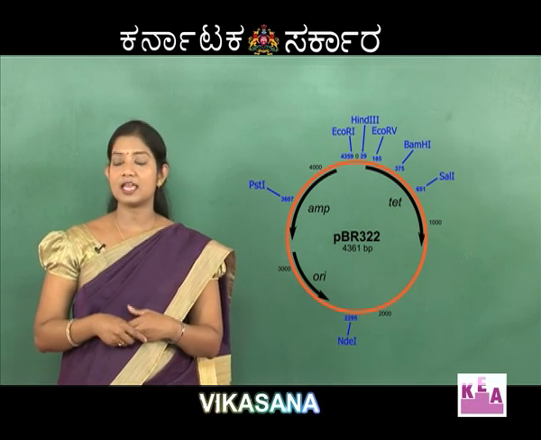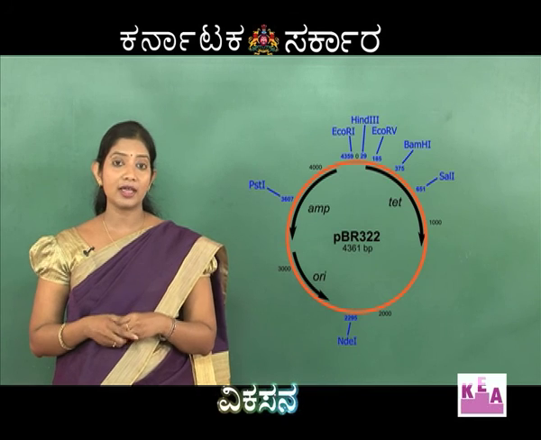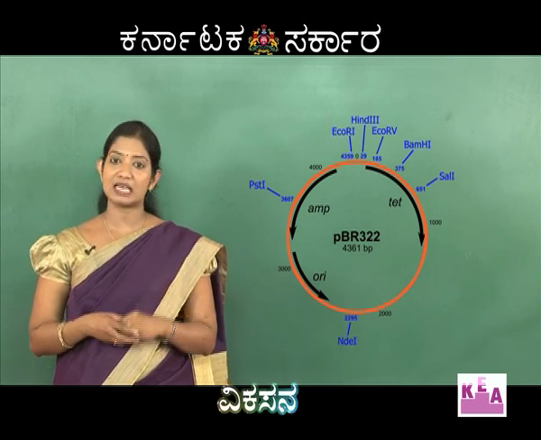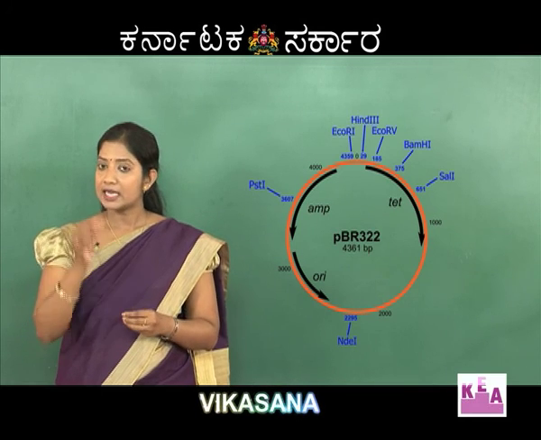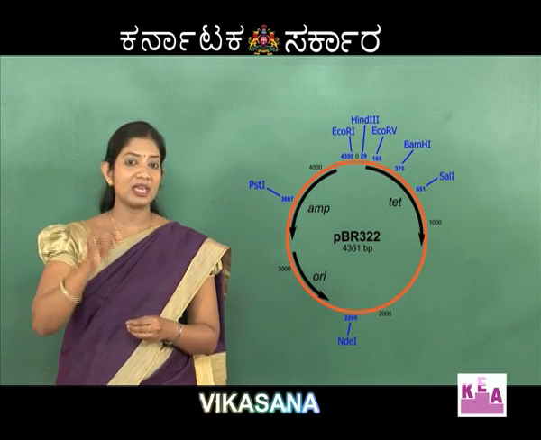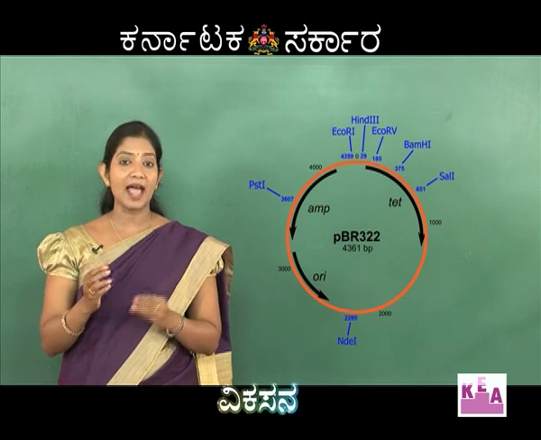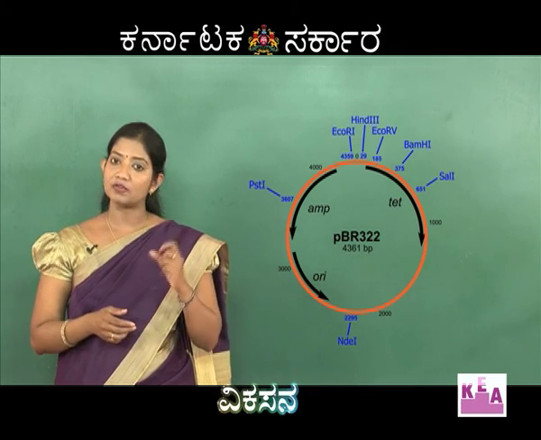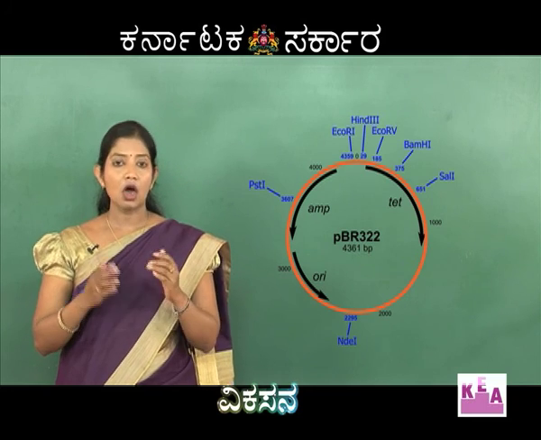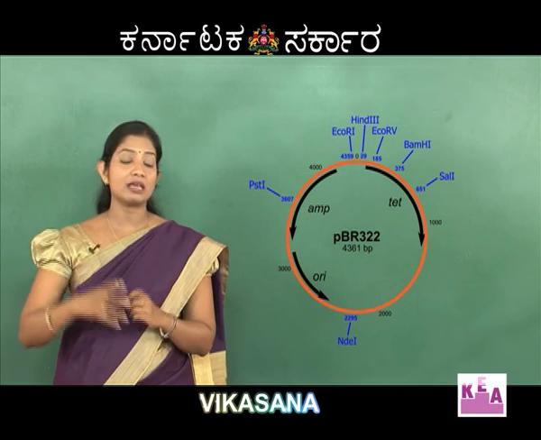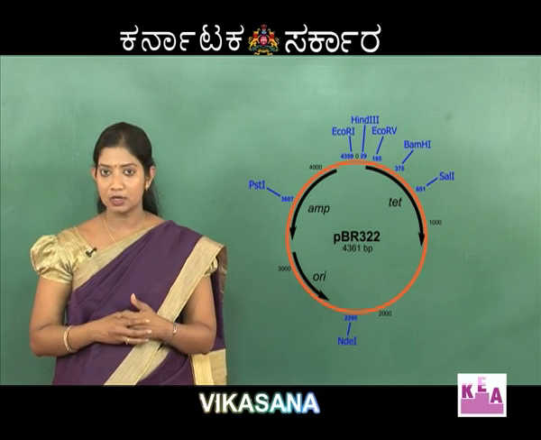Another very important thing which is required in a vector is the presence of restriction sites. Now, if a foreign DNA has to be inserted into a plasmid, the plasmid has to be cut open, what we call cleaved, so that in that place we can insert the foreign DNA.